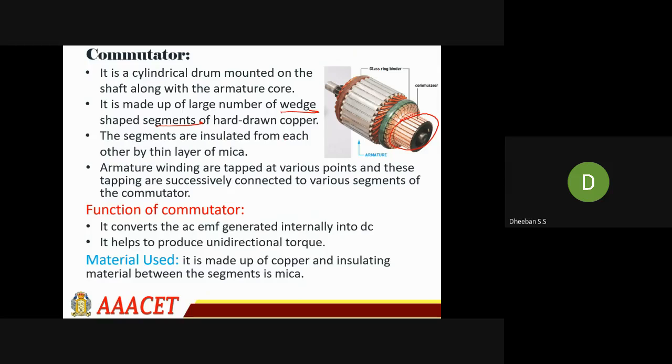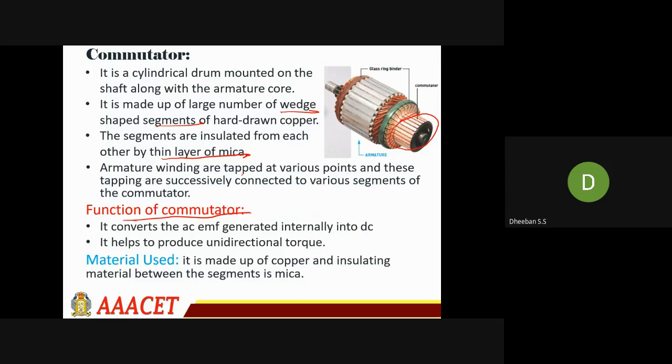The segments are insulated from each other by a thin layer of mica, mainly for safety purposes. Armature windings are tapped at various points, and these tappings are successively connected to various segments.